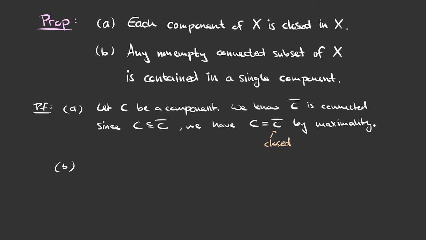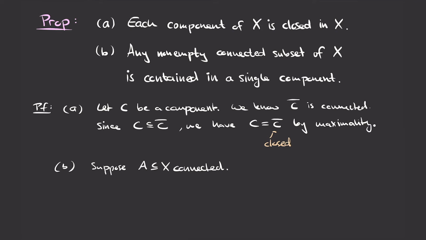Part B is kind of similar to what we proved when we showed that distinct components are disjoint. So for this, we suppose that we have some subset, let's call it A, which is contained in the space X, and this is supposed to be connected. And now we need to show that it is contained within a single component.